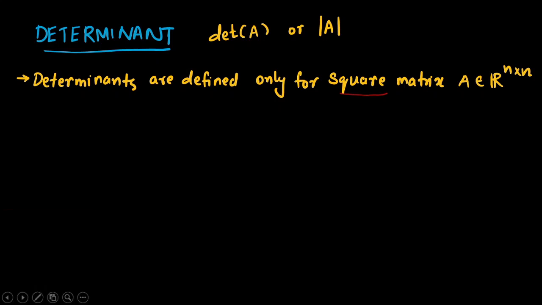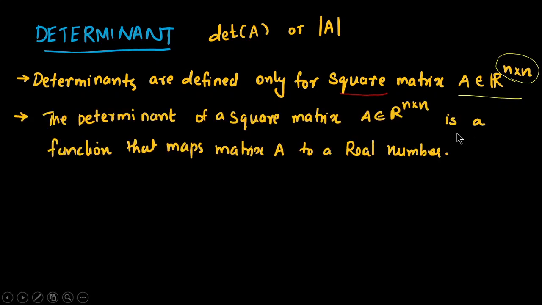A square matrix will be represented like this. Its dimension is n by n, again, an equal number of rows and columns. The determinant of a square matrix A belonging to R^(n by n) is a function that maps a matrix A to a real number. We have seen dot products or inner products of vectors, where we convert vectors into a real number.